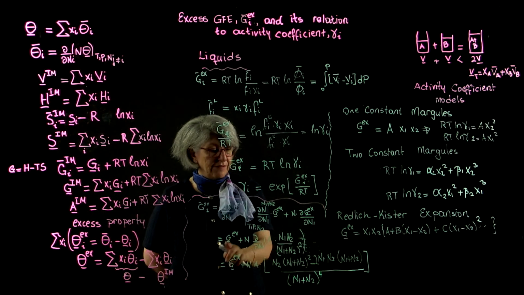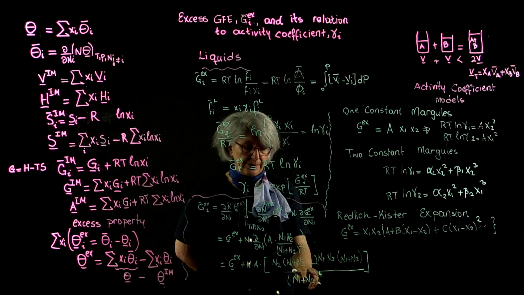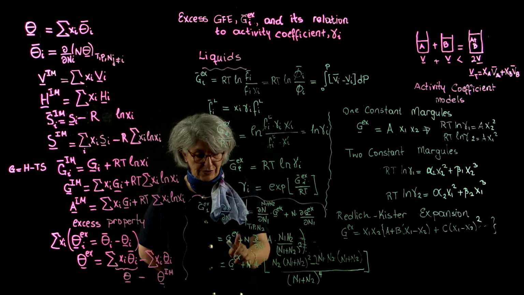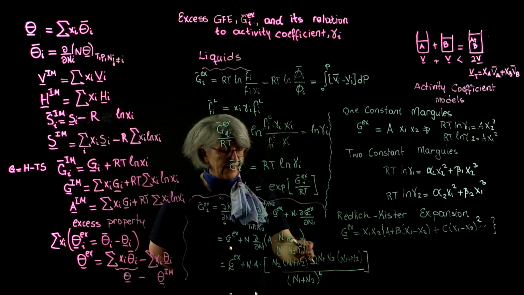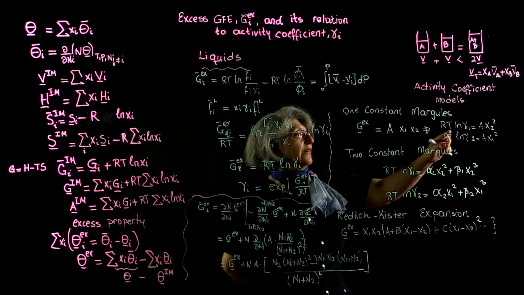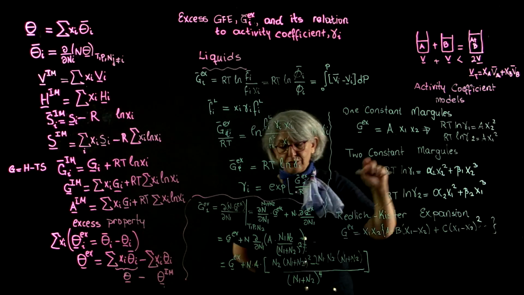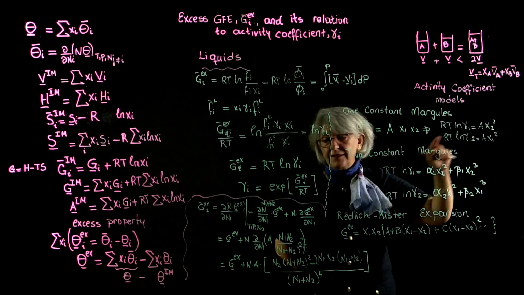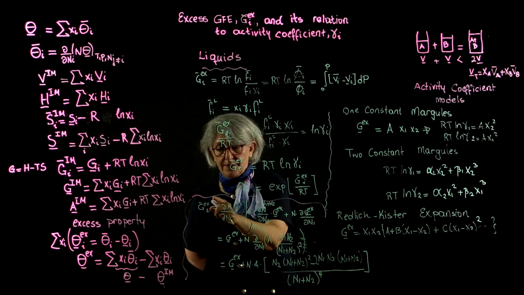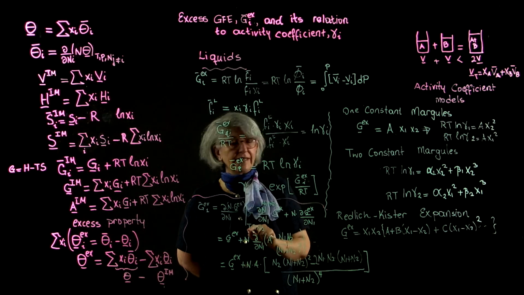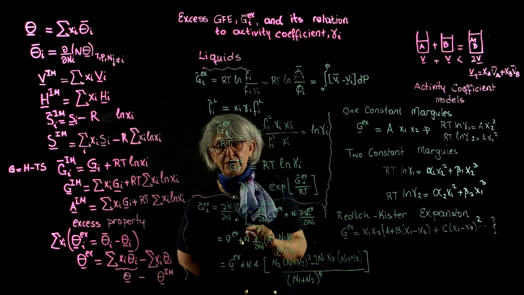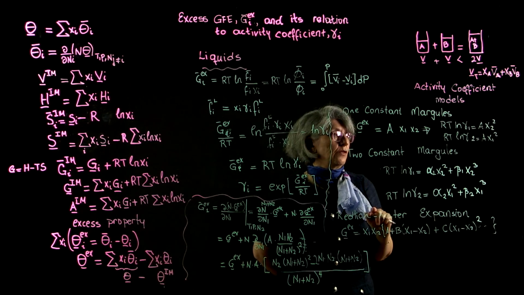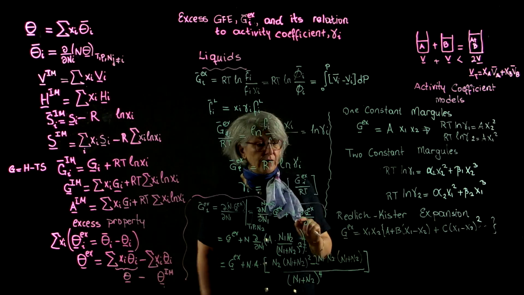We are going to recover the g excess as one of the terms, and we are going to cancel this, and the second term is going to take us to x2 squared. And taking the derivative with respect to the second component is going to take us to the second activity coefficient relationship.